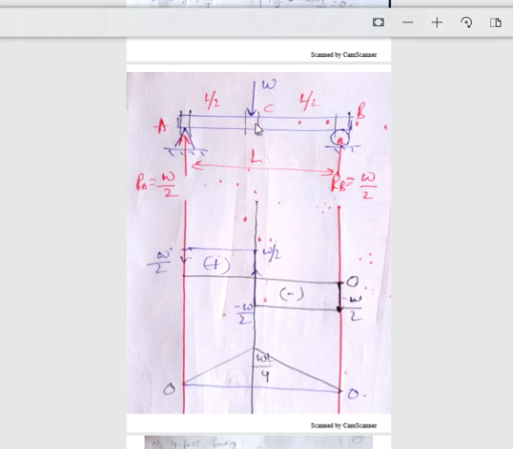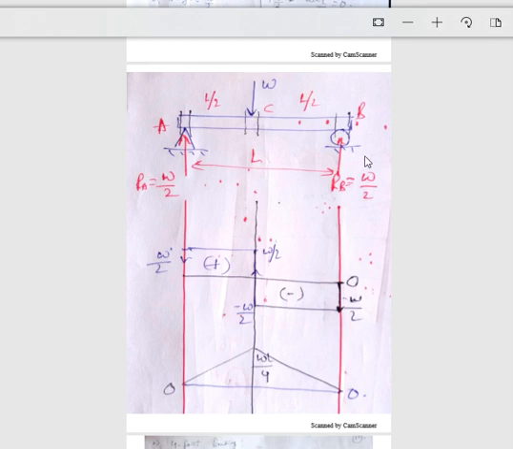After this section there is one more section at this point. If I consider this section and come from the right-hand side, there are two forces acting to the right of this section, this force and this force. So there will be two bending moments.